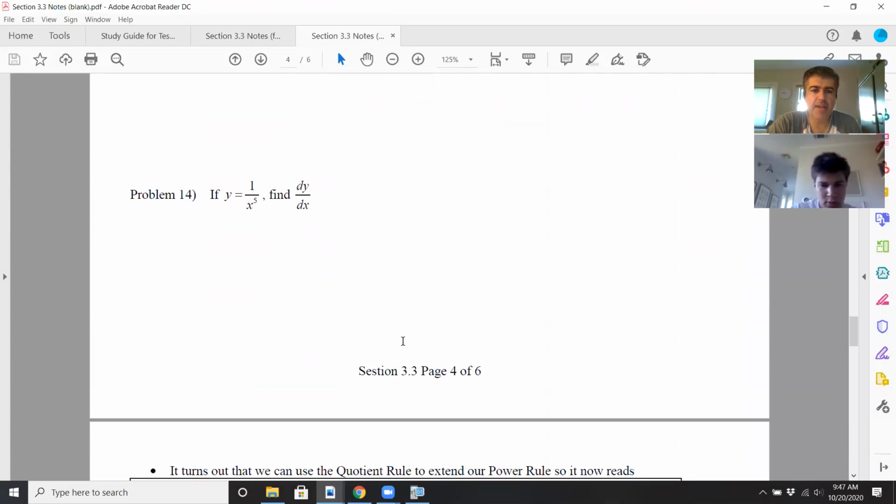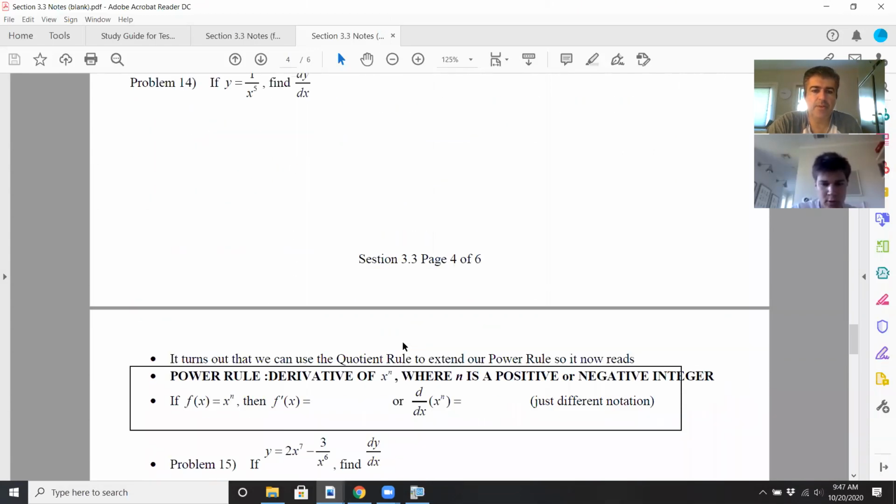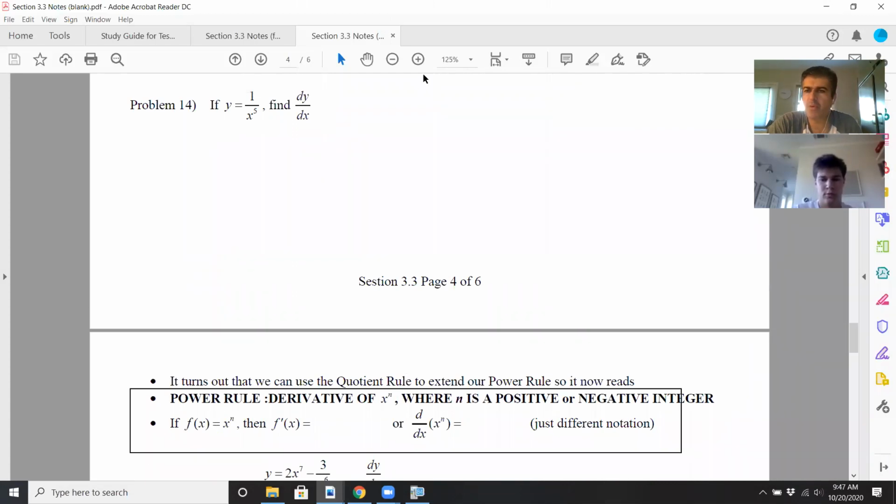Let's take a look at number 14. Now 14, you could go about a couple different ways. You could do a quotient rule if you like.